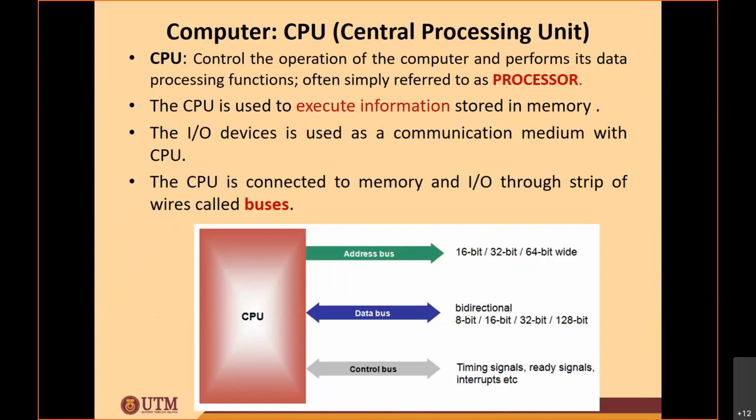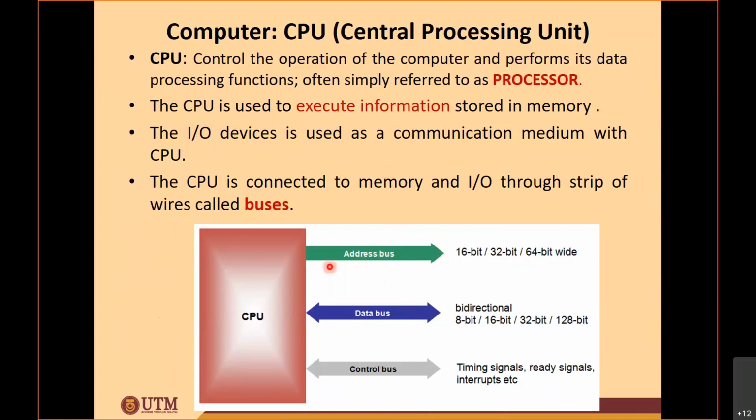So the I/O device is used as a communication medium with the CPU. In order to do the data processing, we need to sambungkan kepada input, output, and memory. So macam mana kita nak buat communication between CPU, input, output, and memory? By using this strip of wires called buses.